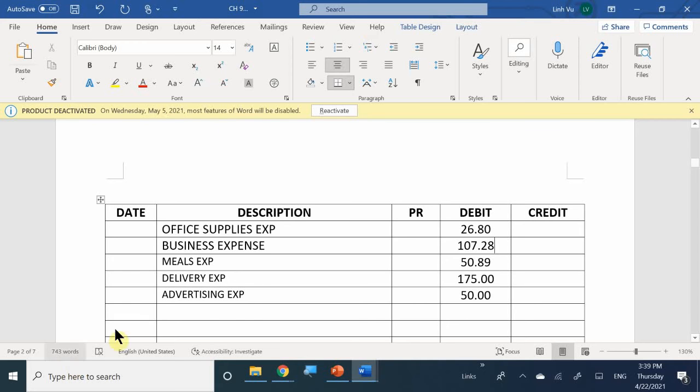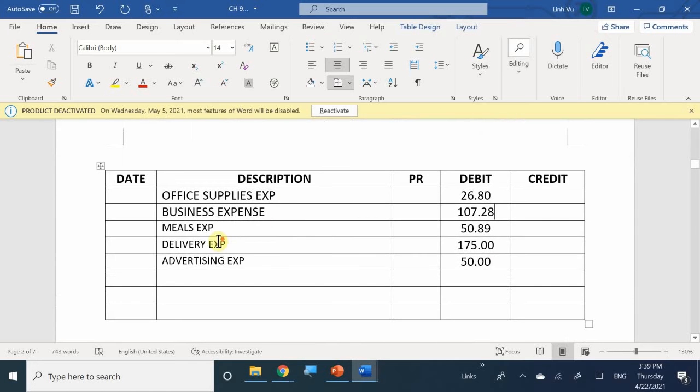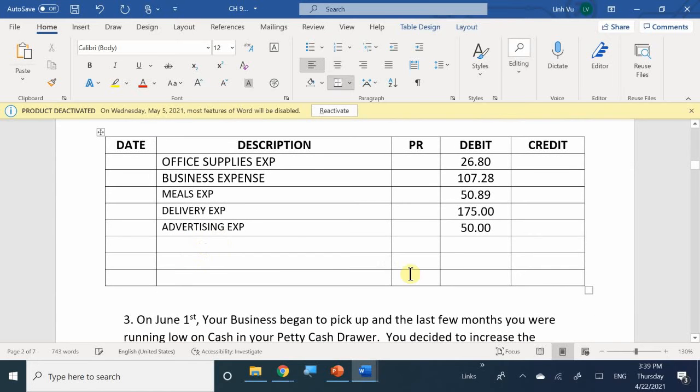All right. And then last but not least, what happened on the very last day of the month? Alan decided to take $50. He decided to take an owner's draw out, right? So here you can write owner's draw for $50.